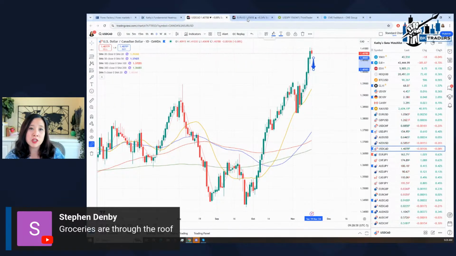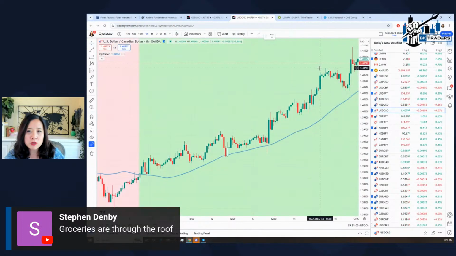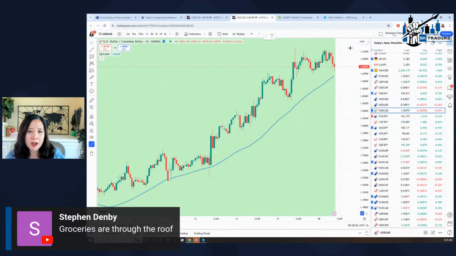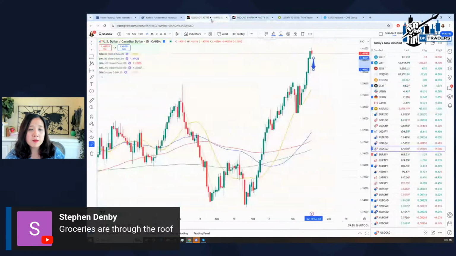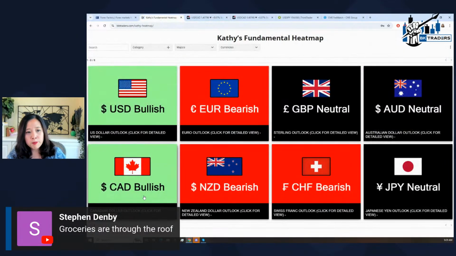This is the one I really want to sell. I am not going to be selling it because the background is green and we're above the indicator line, but we're getting close. We could be dropping below this line, my indicator line, very soon. And if we do, then my bias of bullish CAD and also the technicals will start to get aligned.